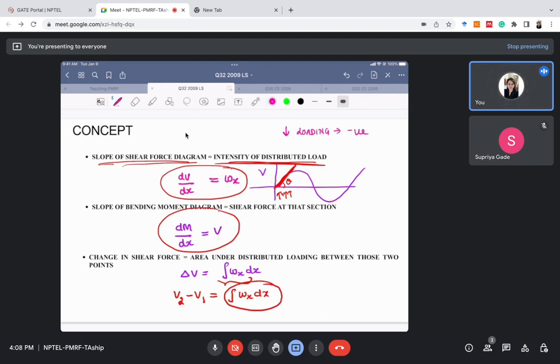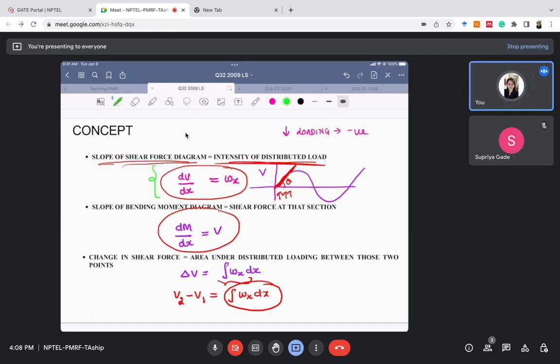I hope you have already covered these points in your SOM class, but I'll quickly revise them. These points will be helpful in drawing the diagrams very quickly, because in GATE you don't have that much time to calculate each and everything.